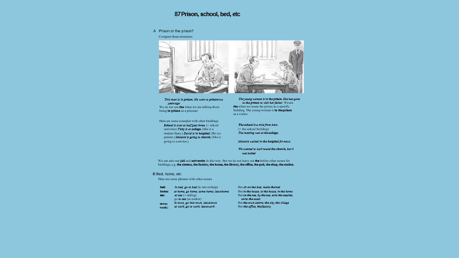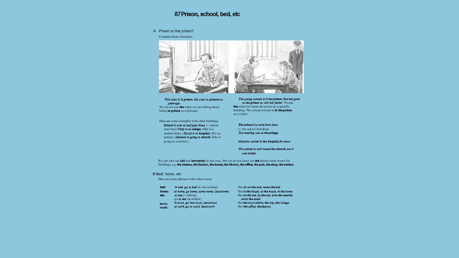Compare these situations. You can see this man sitting in a prison in two situations. Here he is sitting alone, and here he is talking to a lady, and the policeman is sitting in the background. These are two different situations.